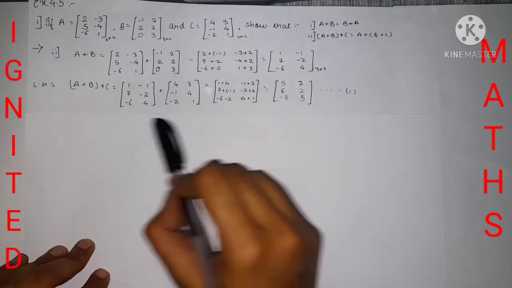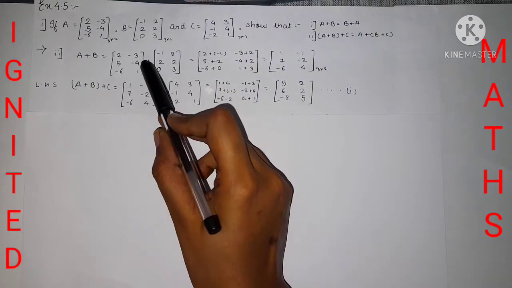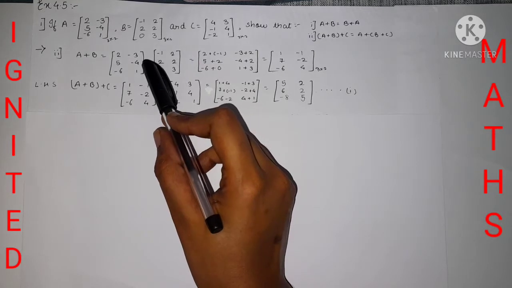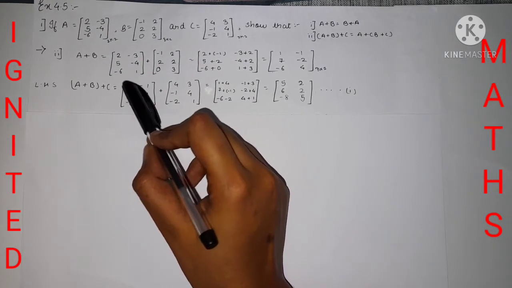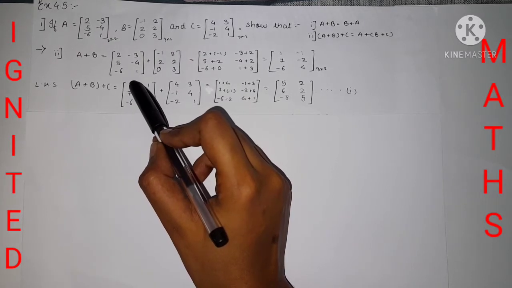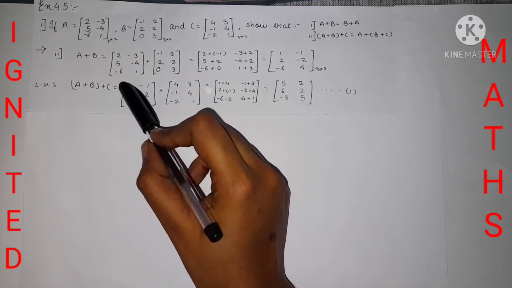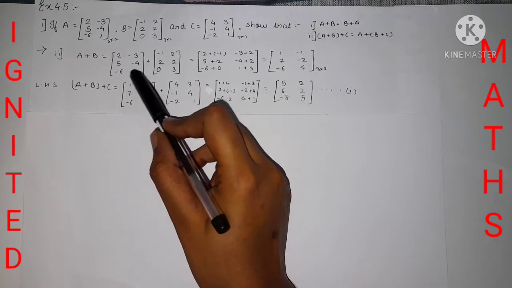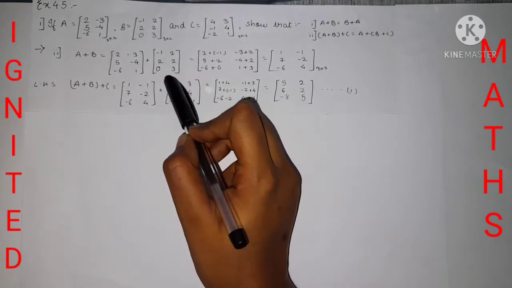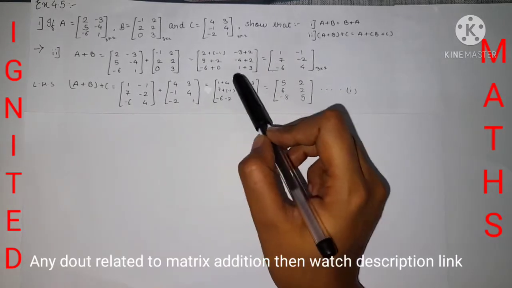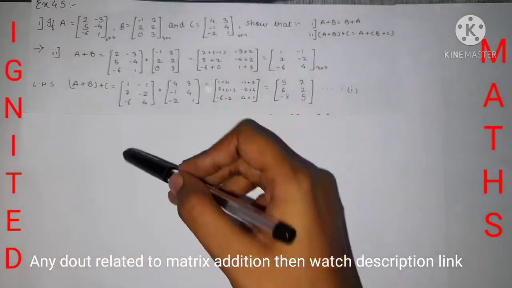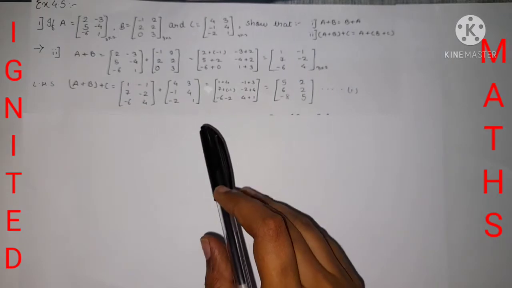Now we follow the same procedure as we explained for A plus B. Taking the element 1 of the A plus B matrix, 1 is in the first row and first column. We need to add the element of C in the first row and first column only, that is plus 4. The same procedure you can apply for each and every element.